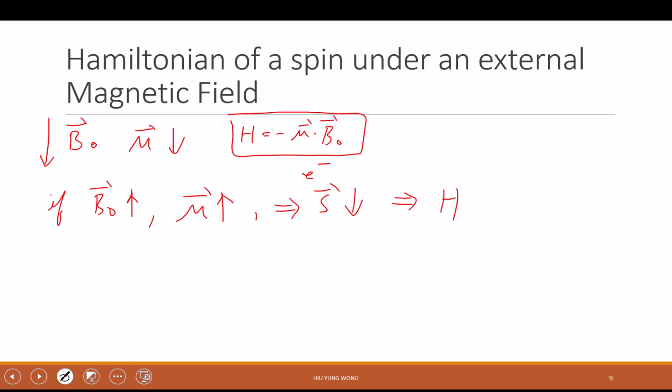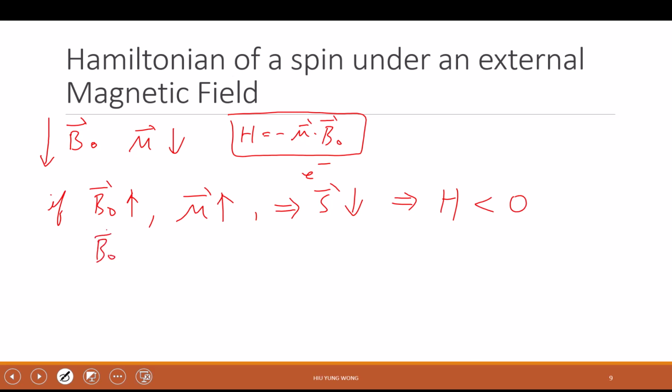H equals minus mu dot B, and mu and B are both pointing up, so it is negative or positive? Negative, right? Because you're pointing in the same direction. The dot product, cosine 0 equals 1, right? So this is smaller than 0. It means I have lower energy.